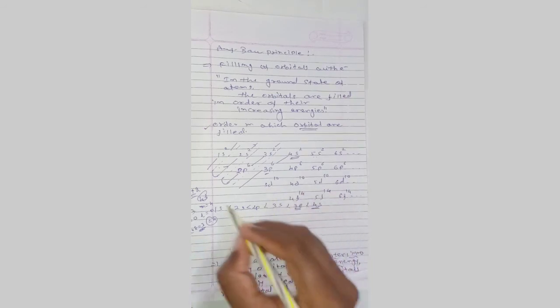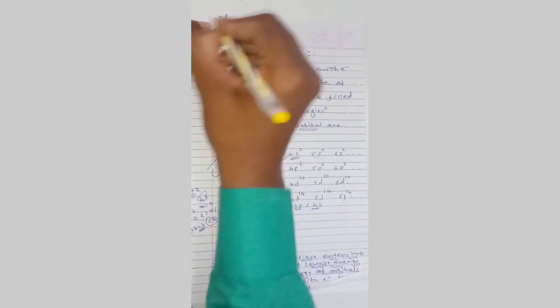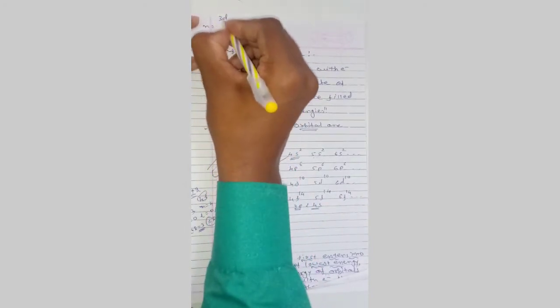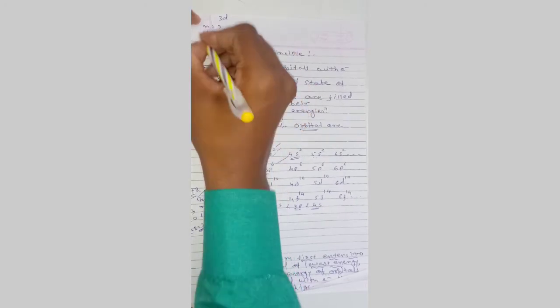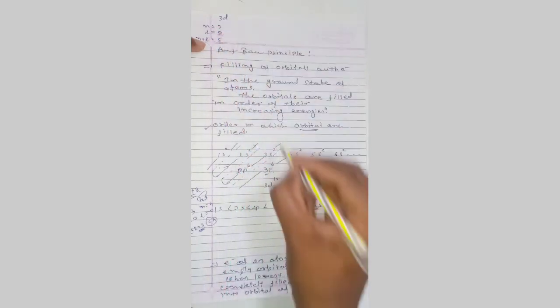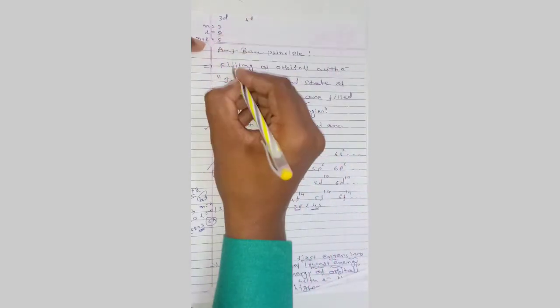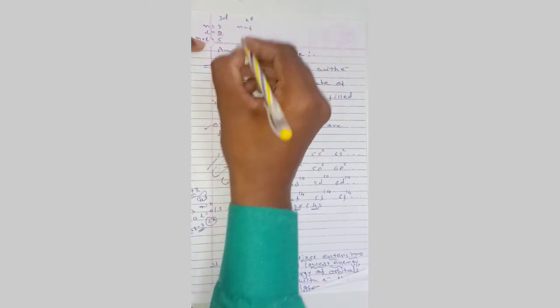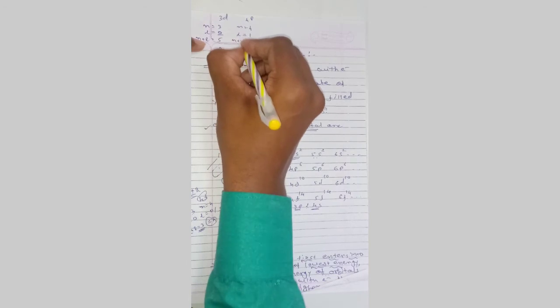So here let's see, for 3d, n equal to 3 and l equal to 2, that's why n plus l equal to 5. And then after 4p, n equal to 4 and l equal to 1, that's why n plus l equal to 5.